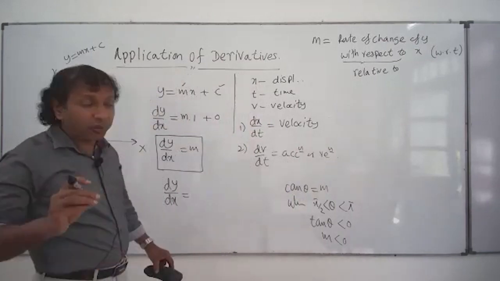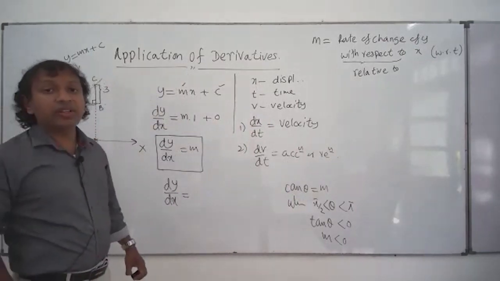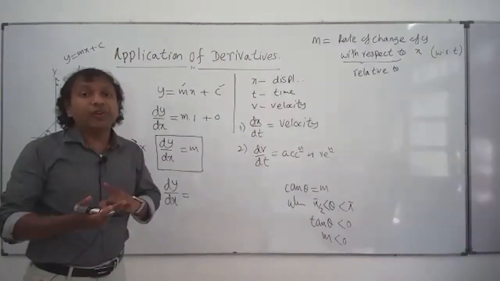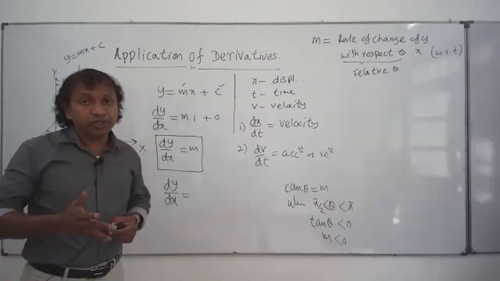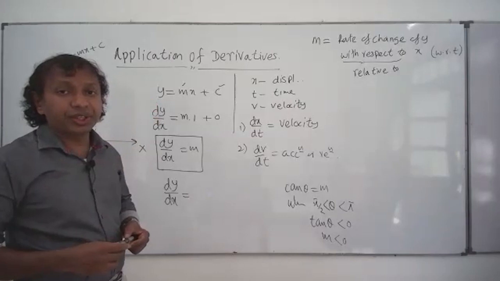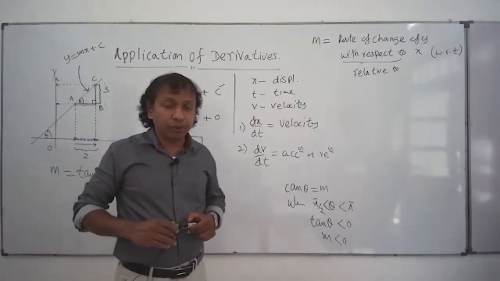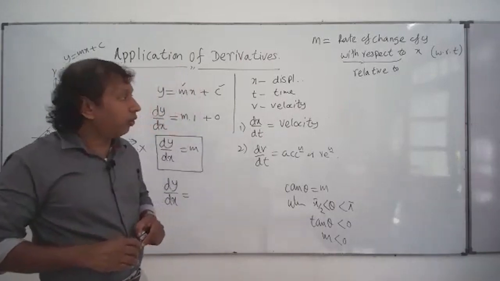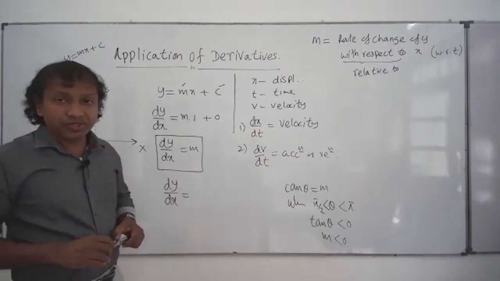Understand? Now this is the important part in the lesson. dy by dx gives us the gradient. The gradient means the rate of change of y with respect to x. It means when x changes by 1 unit, the corresponding change of y is the rate of change of y with respect to x. These things we must first understand.